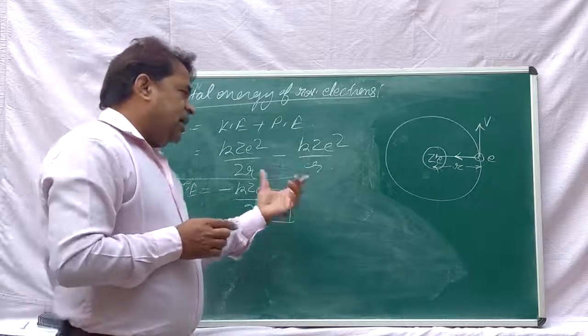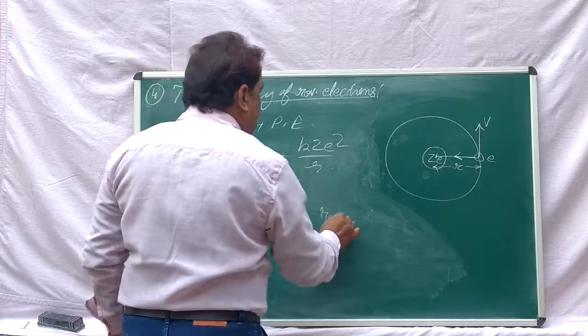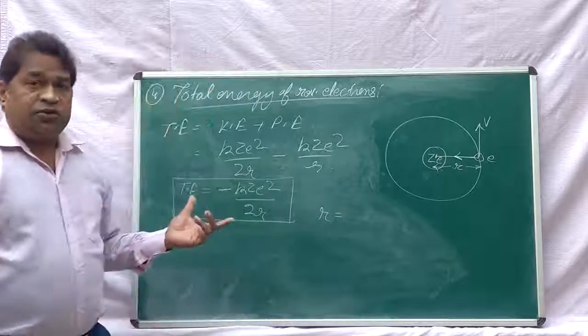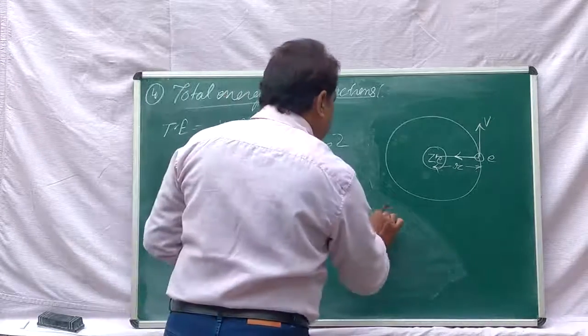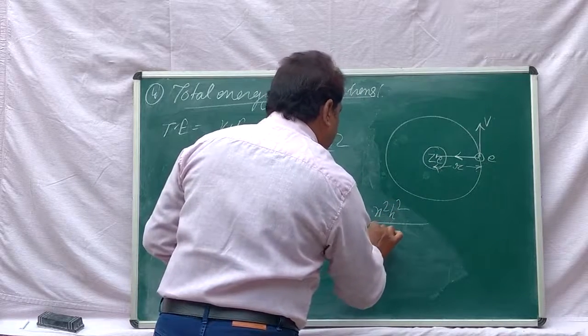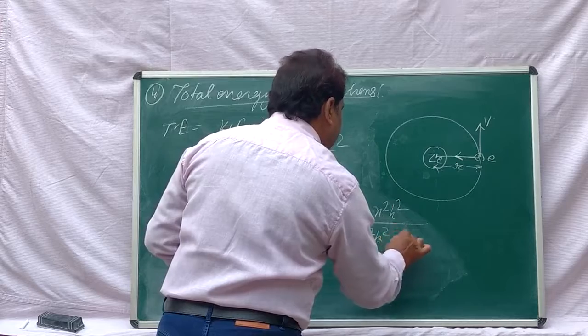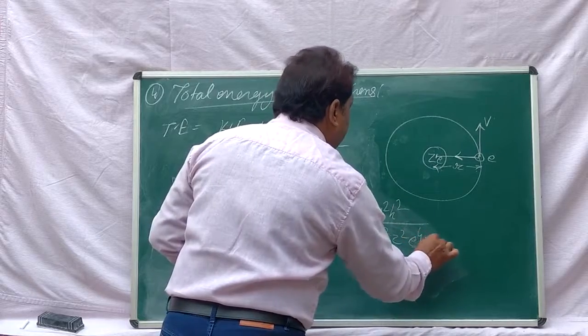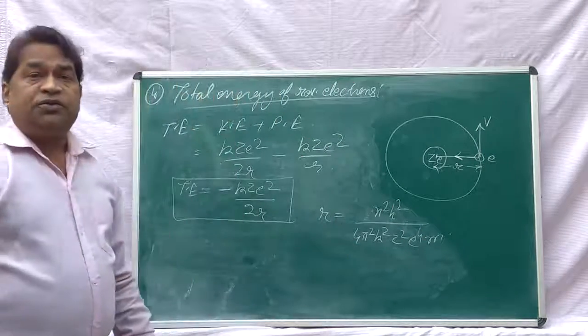Now, as we have seen, the radius of the Bohr's orbit r is n square h square upon 4 pi square k Z e to the power 4 m. Sorry, 4 pi square k Z e square m. So this was the value of Bohr's radius.